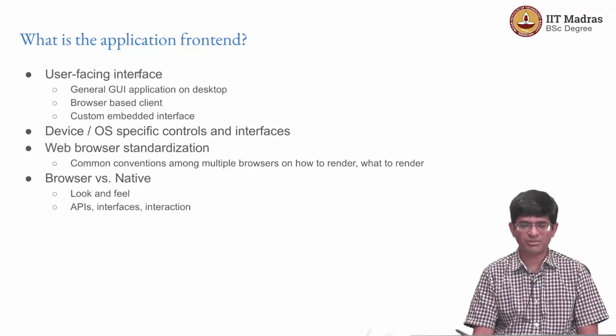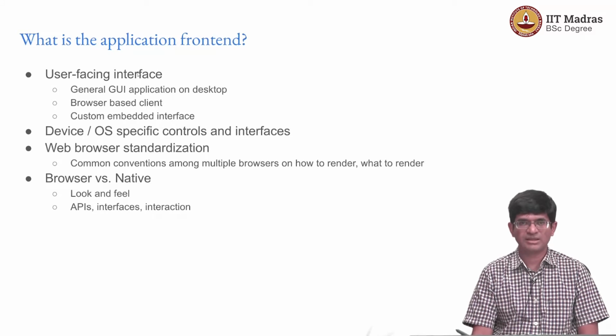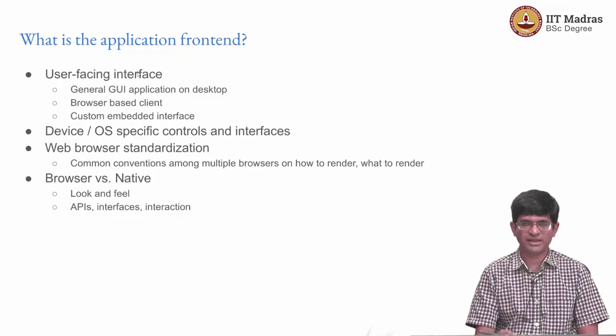What I mean by a custom embedded interface is that there can be a specialized application running on specialized hardware which does not even have a screen, but yet uses, let's say, web protocols, HTTP and so on, in order to communicate with some server and get some kind of response. An example of that is even your Google Assistant, the Google Home devices and so on.